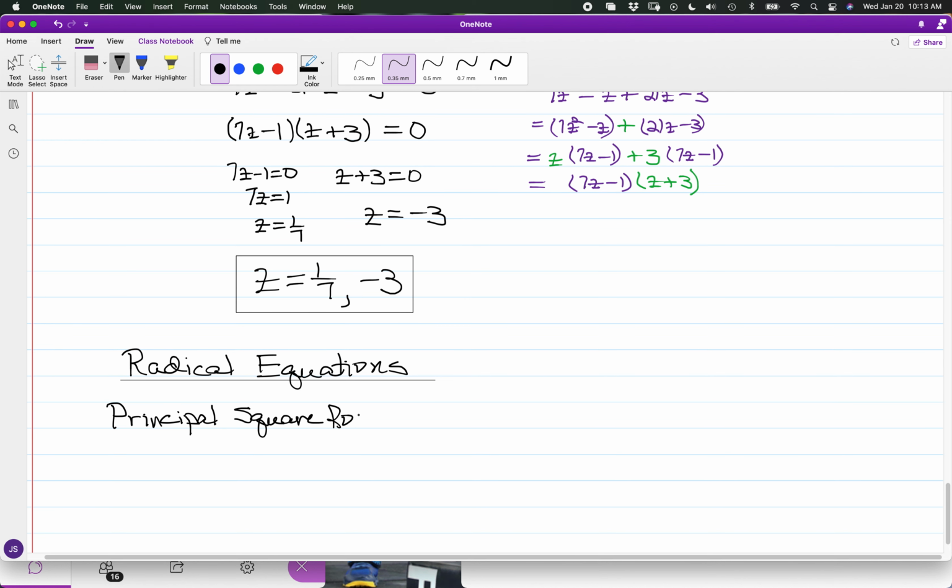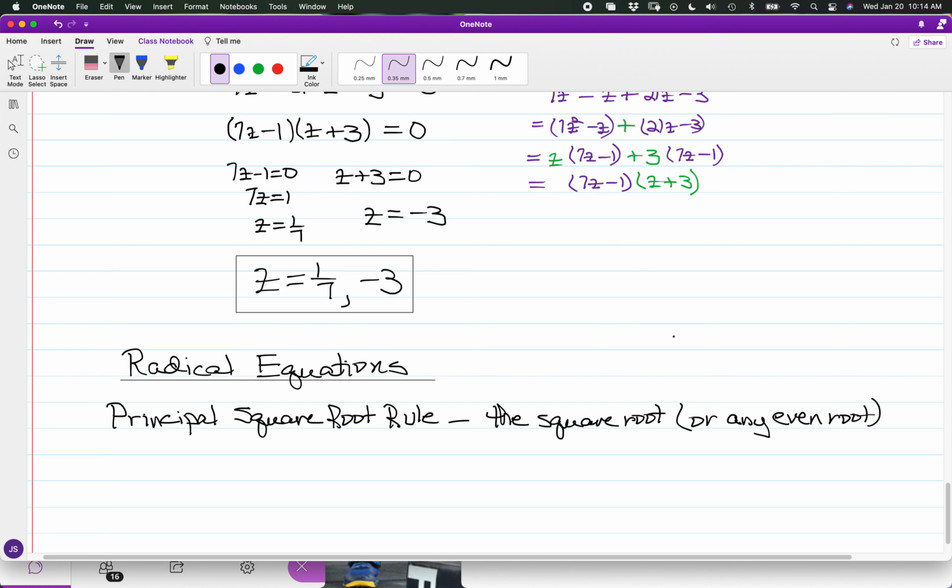And this states, this is going to apply to even index valued roots. And this rule states that the square root or any even root for that matter.